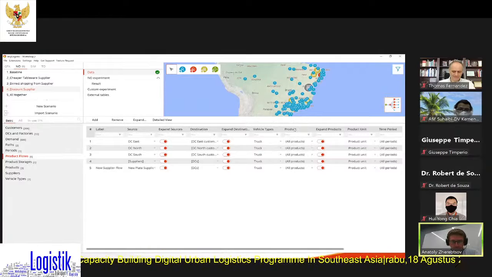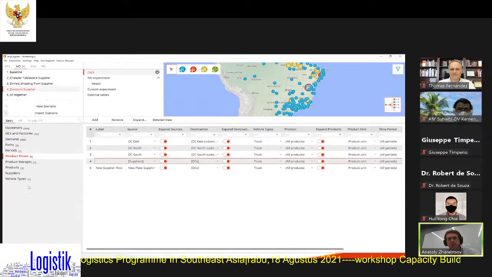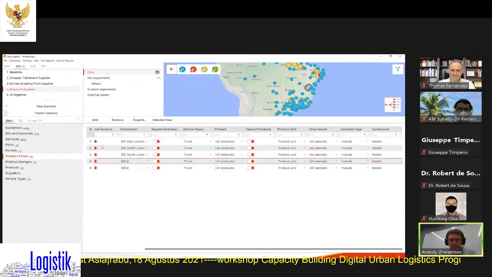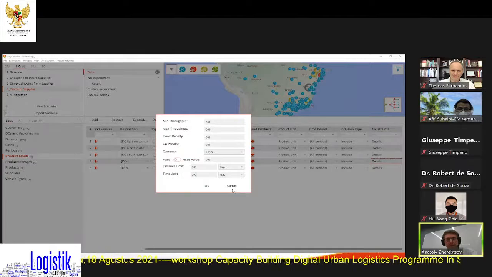For example, this line represents flows from suppliers to distribution centers. And if we go to details, we can see that you can specify a time limit.